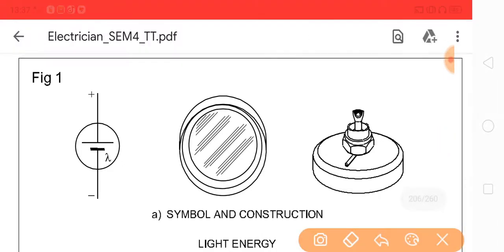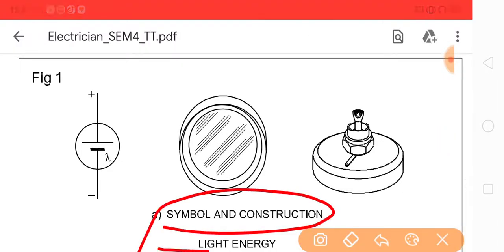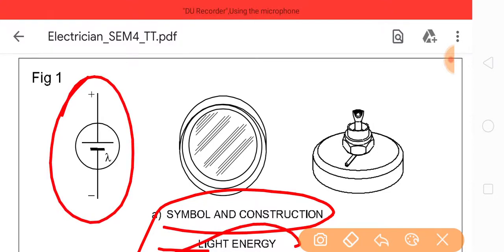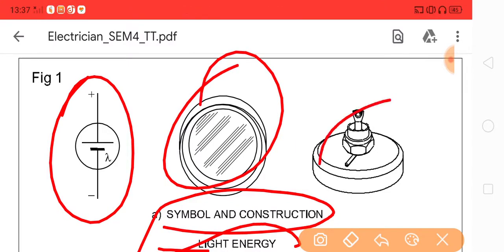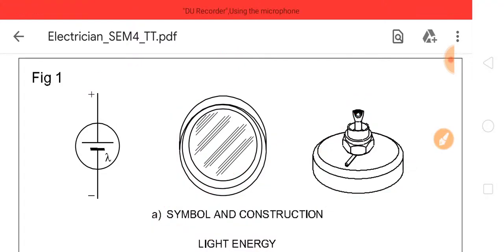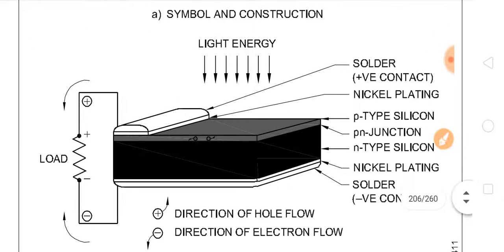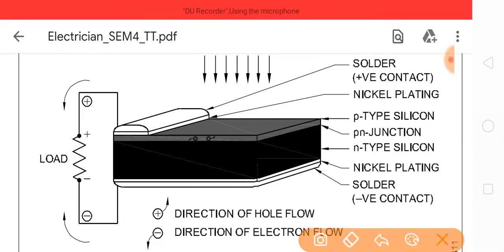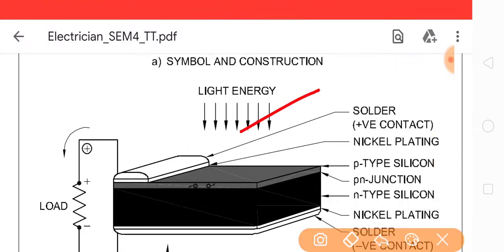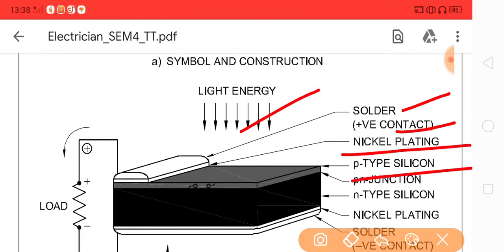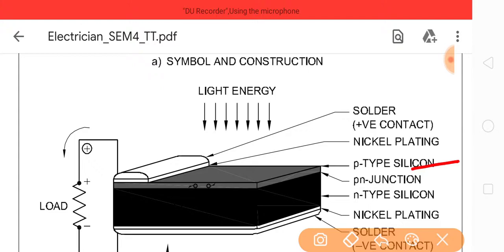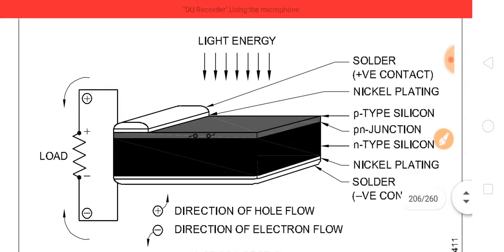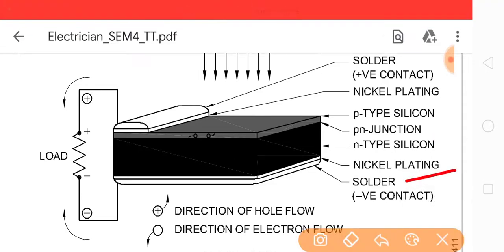The picture shows the symbols and construction: light energy, solder positive contact and nickel plating, p-type silicon, p-n junction, n-type silicon, nickel plating, and solder negative contact.